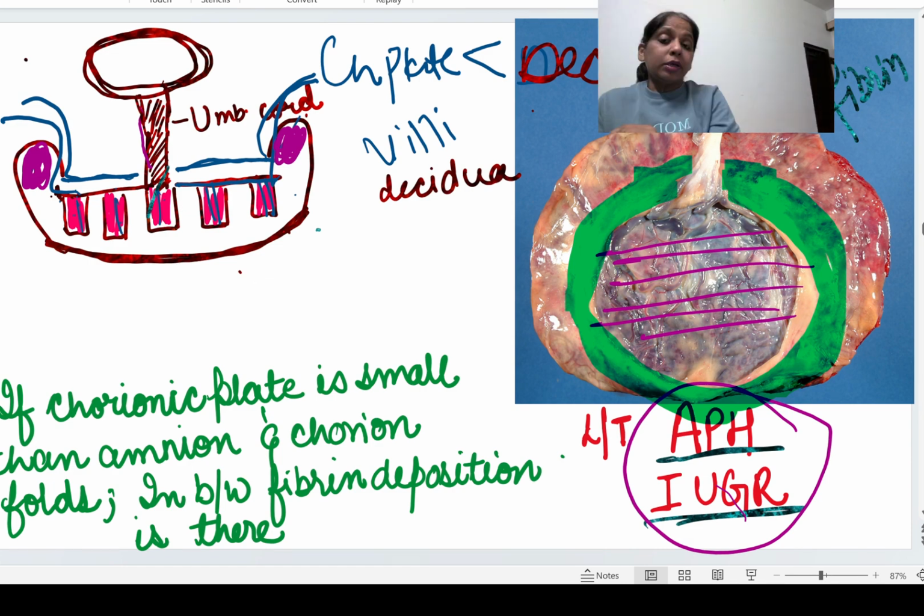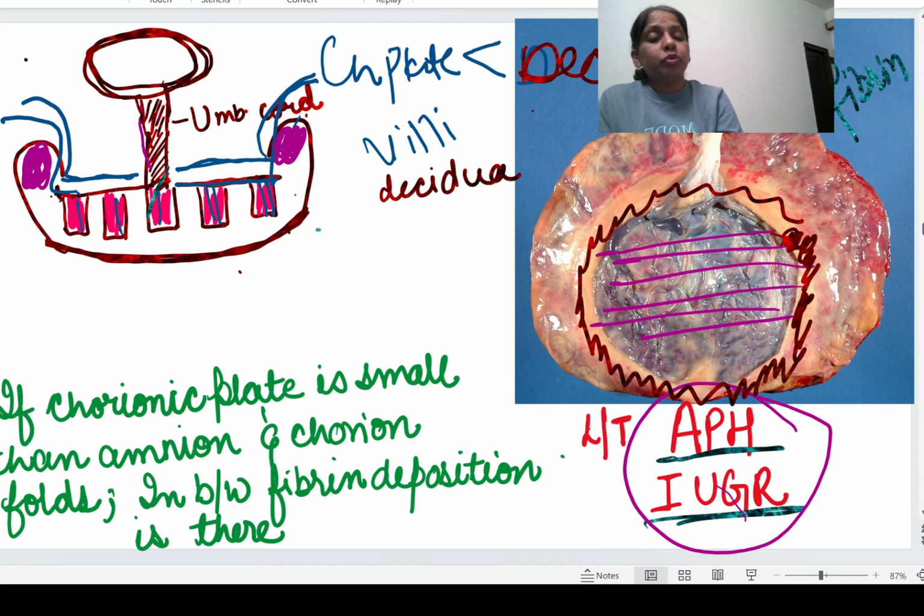So when it gets folded, here there is deposition of fibrin and other materials, which leads to APH and IUGR. Okay, so when is the circumvallate placenta formed?